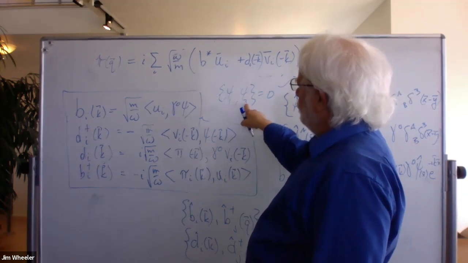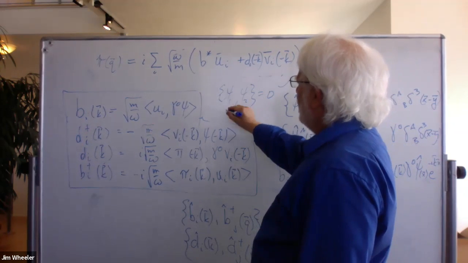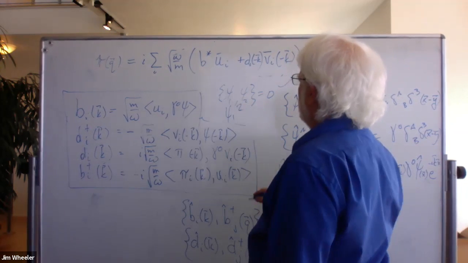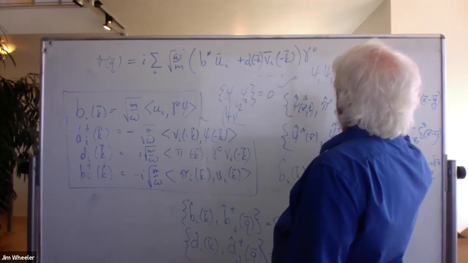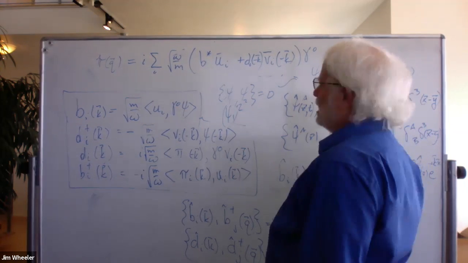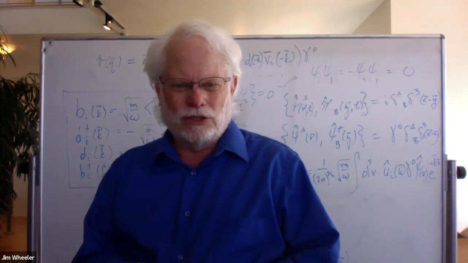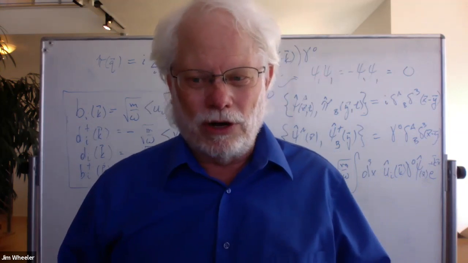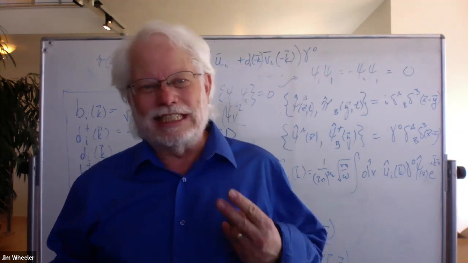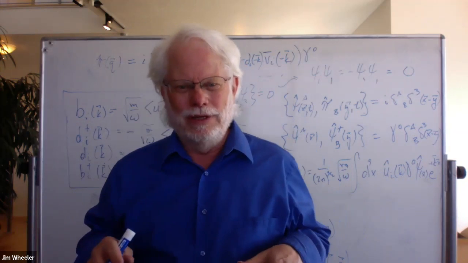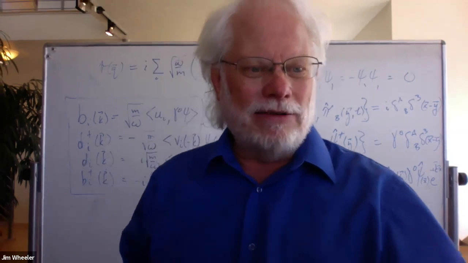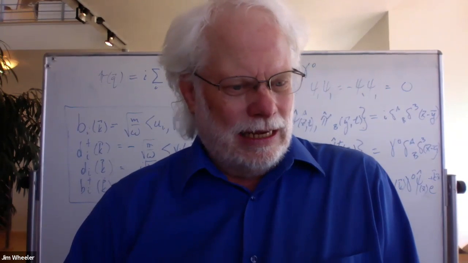If I try to write psi 1 squared, psi 1 squared has to be minus psi 1 squared, so it's got to be 0. So fermion fields square to 0, which means we cannot have two in the same state. If they're identical fields, they're 0. And now we have the exclusion principle.